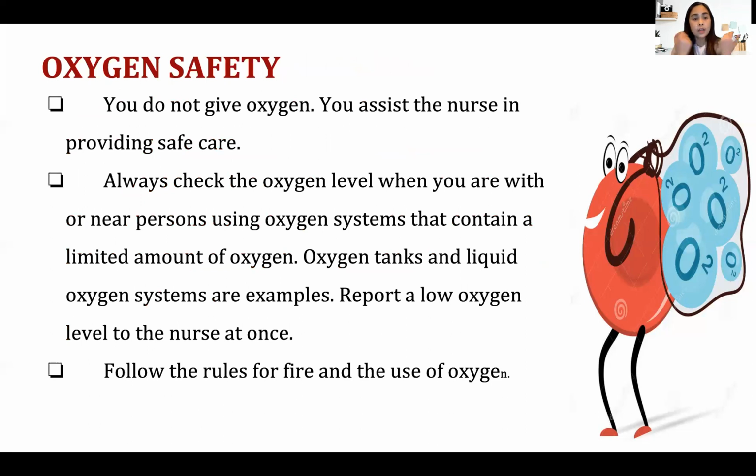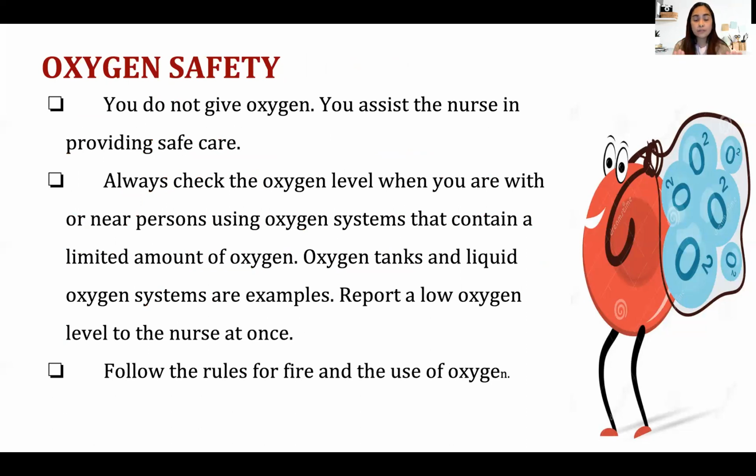Always check the oxygen level when you are with or near a person using an oxygen system that contains a limited amount of oxygen. Usually, COPD patients, guys, remember this. COPD patients only have a lower oxygen rate. What do I mean by that? Only 2 liters per minute is the maximum. Why?